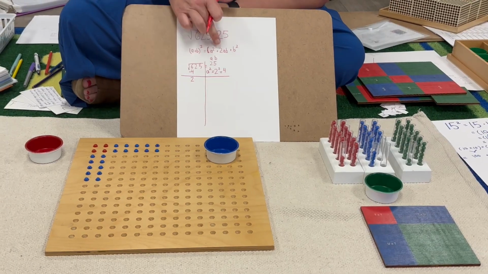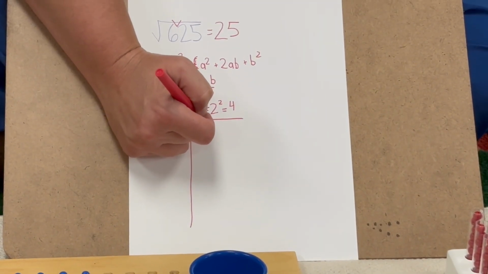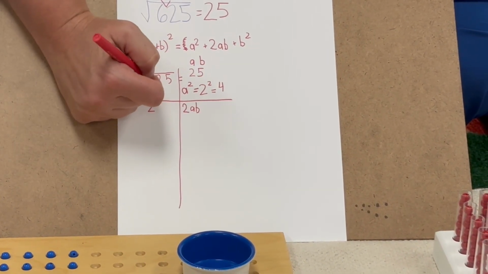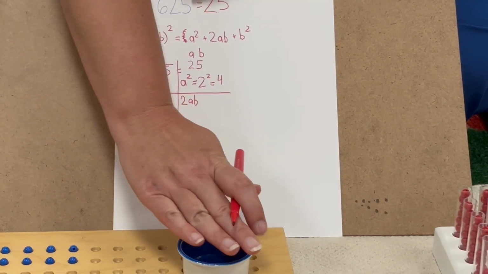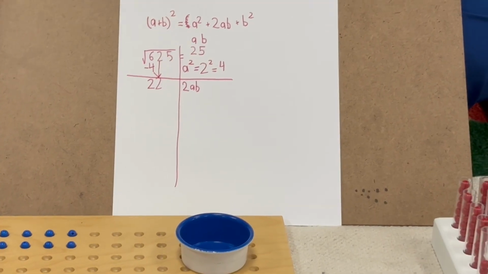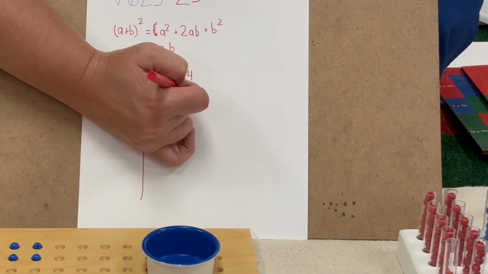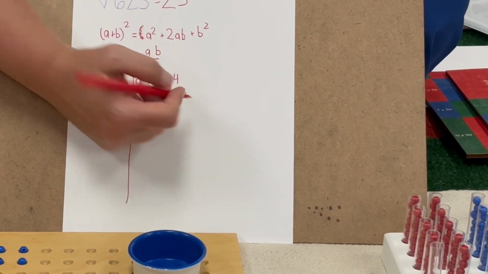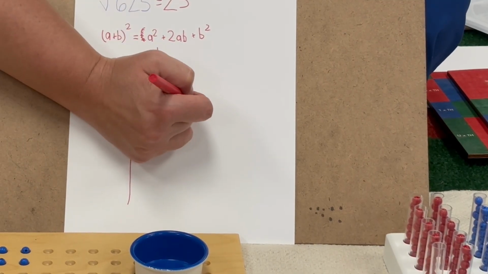Now the second part of our equation is 2AB. So I'm going to write that down right here. And I forgot we needed to bring down the 2. Because we put those in our tens thing and we had 22 beads in there, so I should have done that earlier. All right, so 2AB equals, the 2 is just a 2, we think A is 2, times B, which we think is 5.